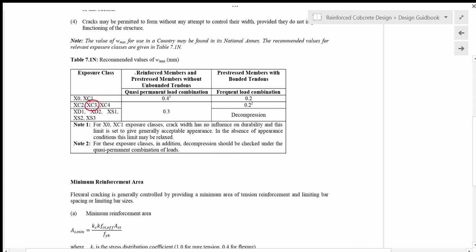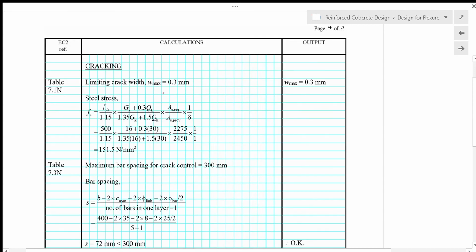And then for reinforced members, we refer to this value of 0.3 mm. Therefore, Wmax is 0.3 mm, and we put the output on the right column.